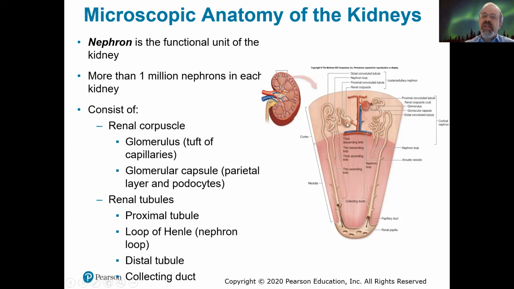We've got the glomerulus, the capsule. We've got the proximal tubule, which is kind of coiled. Then we've got this hairpin structure, which is the loop of Henle, or the nephron loop. You can see it right here, as well as down here. And then that loop of Henle continues into another convoluted tubule called the distal tubule. And that finally empties into what's known as the collecting duct, which will eventually drain this into the renal pelvis and out.